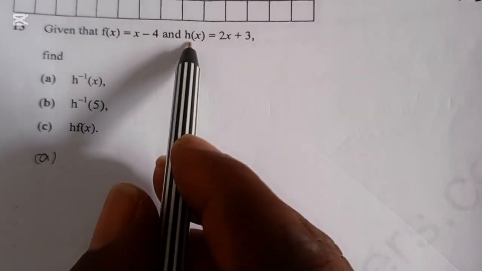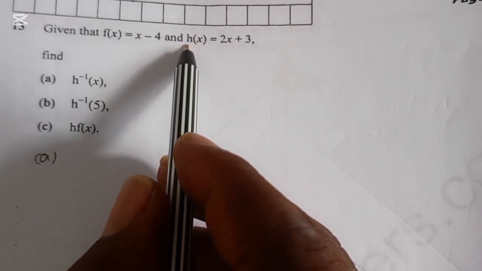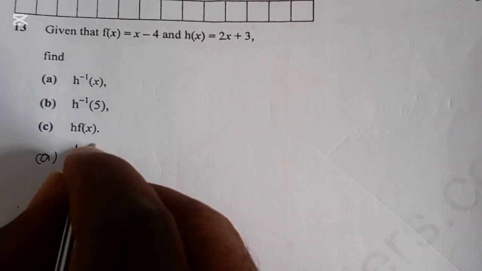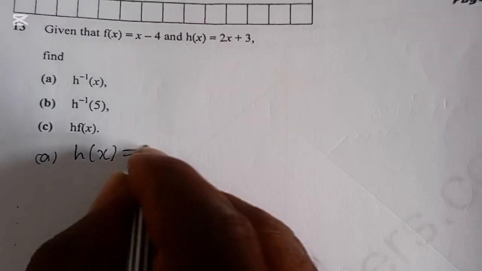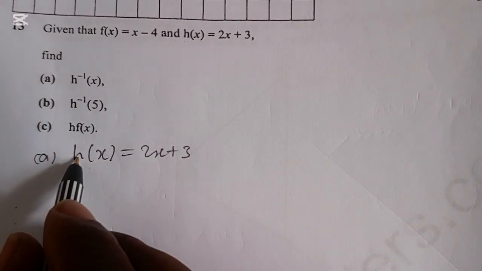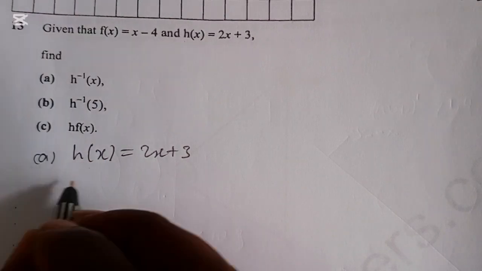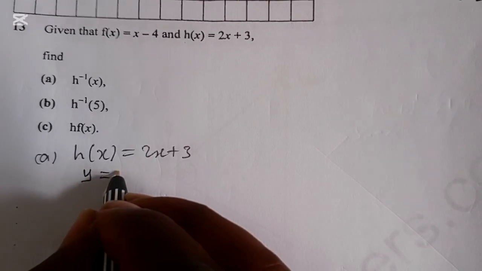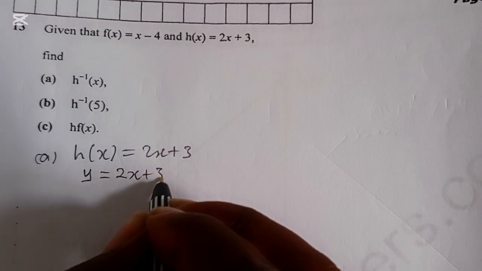So I'm going to use the h function. So h of x is equal to 2x plus 3. So step number 1, to find the inverse function, let h of x be y. That is step number 1.